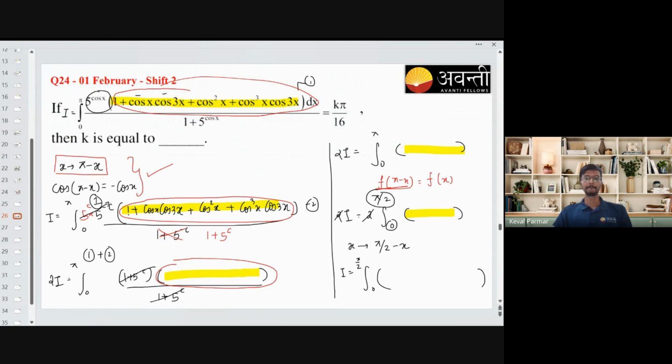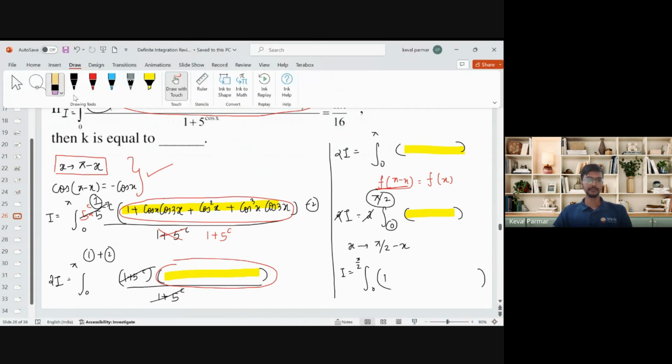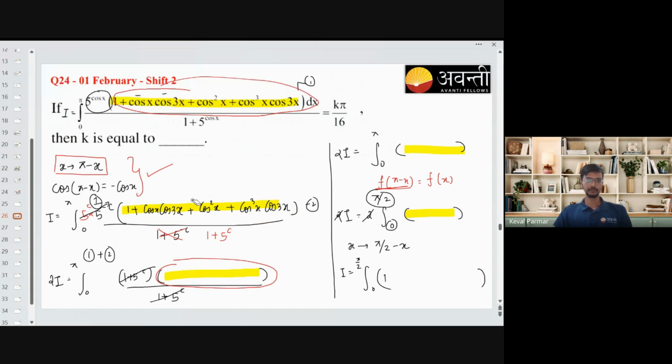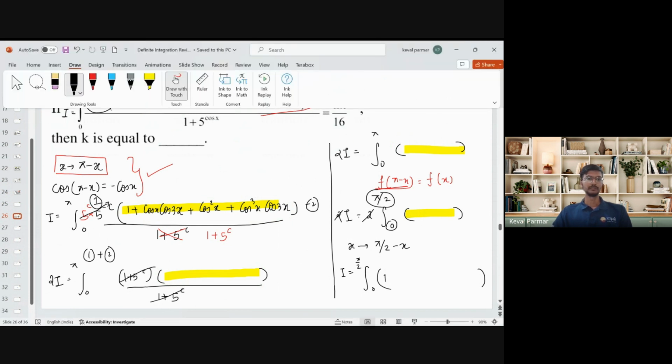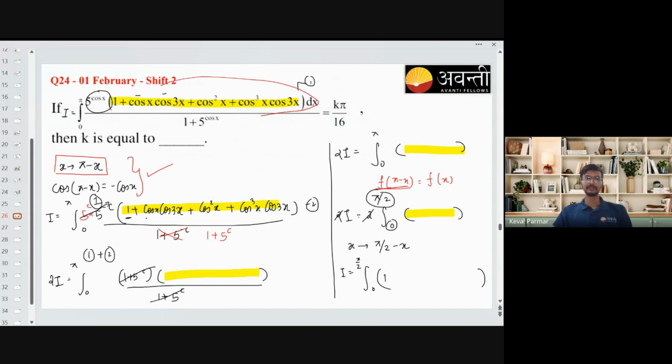This one will remain 1. This cos x will become cos of pi by 2 minus x, which is sin x.